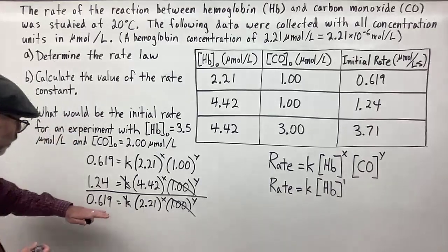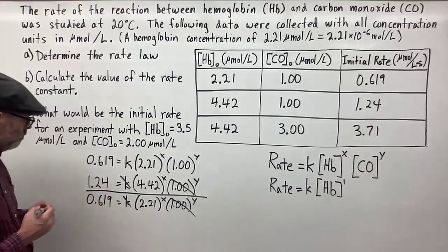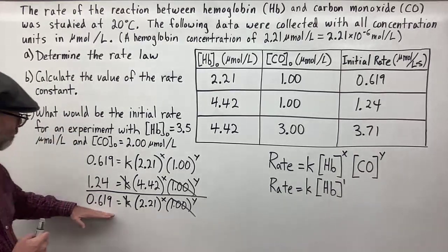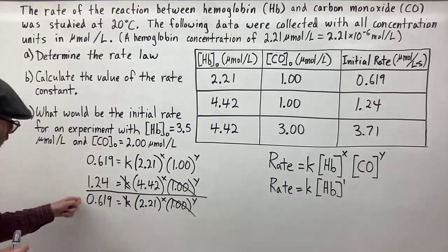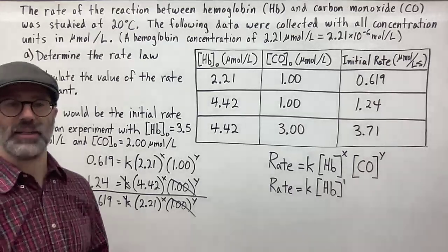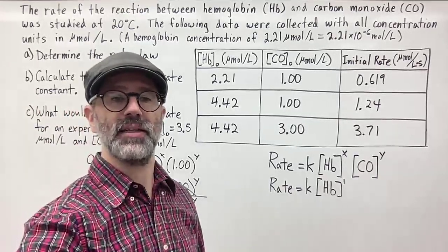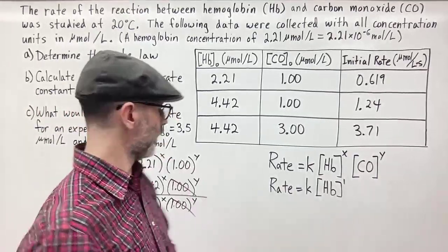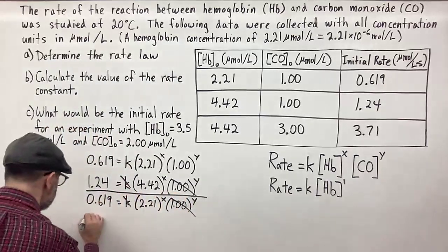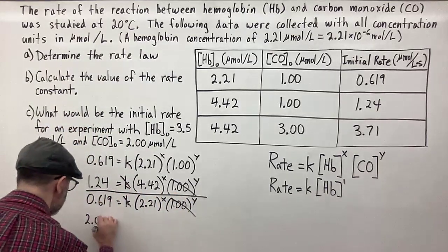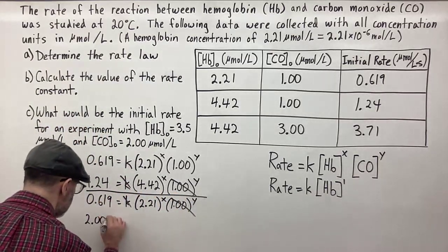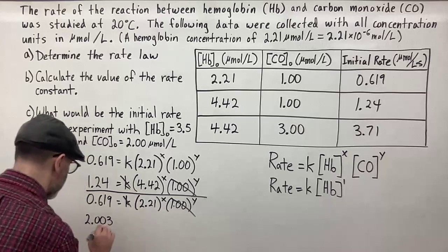So if we take this, we can get the factor that this differs by. So let's go ahead and calculate that. We get 2.0032, I guess.